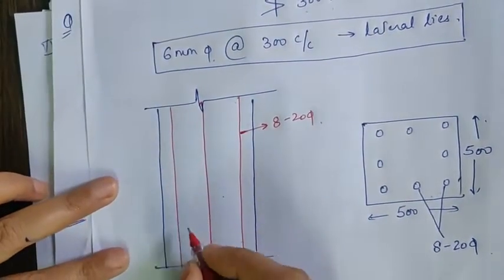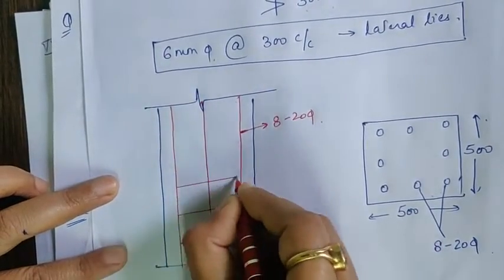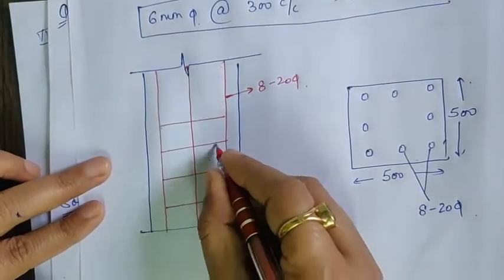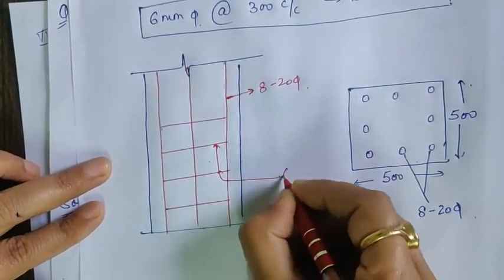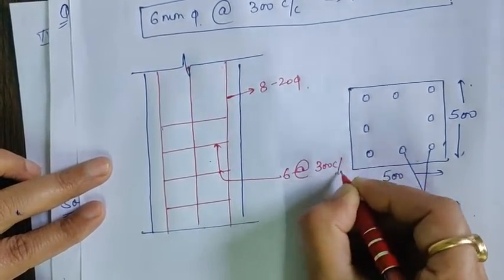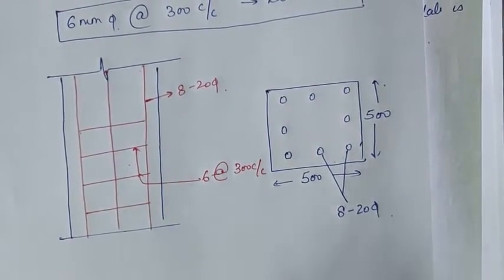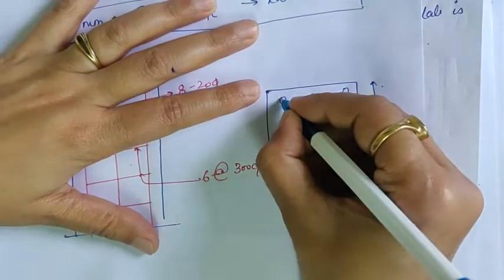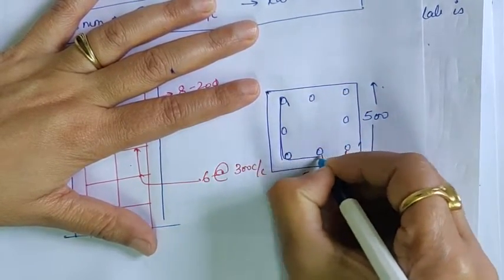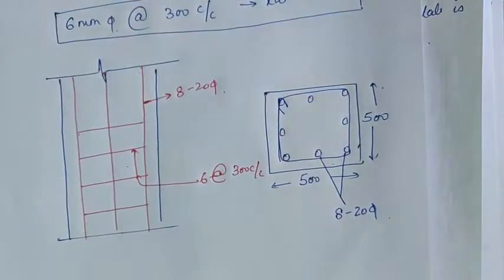Okay. Then lateral ties. We show the lateral ties by drawing the lines like this in the front view. So these lateral ties are 6 number at the rate of 300 center to center. And how do we show it in the cross section? In the cross section we show these ties as, it will start from here, it will go round this particular, and it will bend up like this.